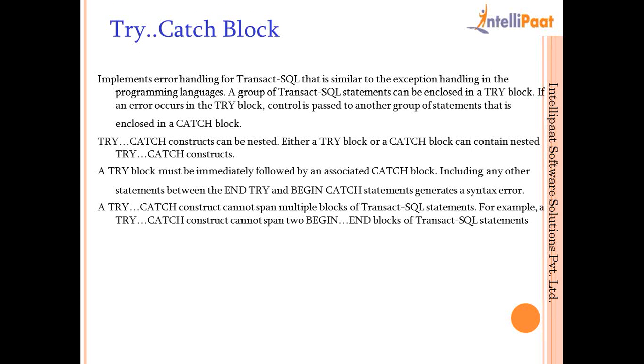So the meaning is that you can use multiple try catch blocks inside of an existing try catch block. Now, a try block must be immediately followed by an associated catch block. Including any other statement between the END TRY and BEGIN CATCH statements generates a syntax error.